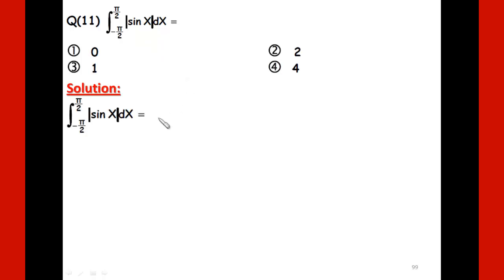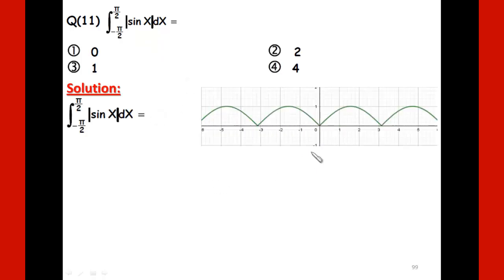If you draw a curve for this function, it will be symmetric about the y-axis. So it is an even function and it is continuous. So the result of integration will be 2 times the integral from 0 to pi over 2 of sine x dx.